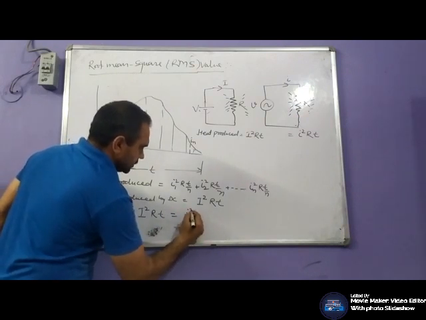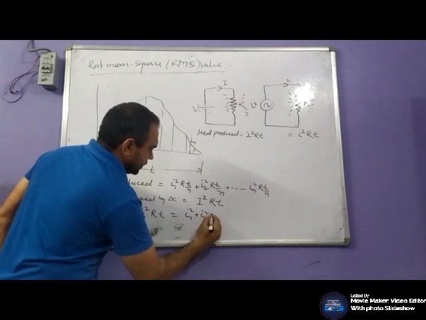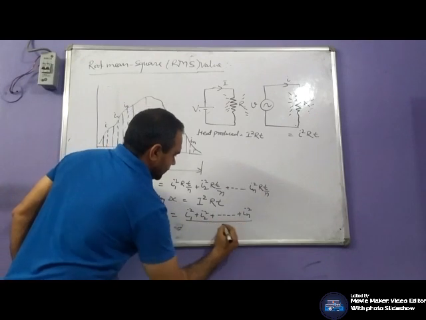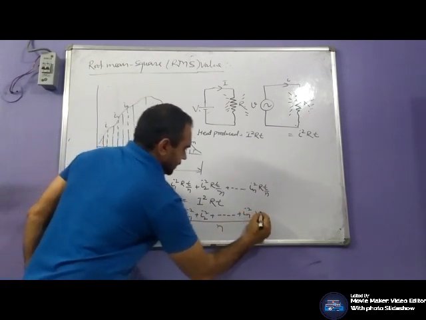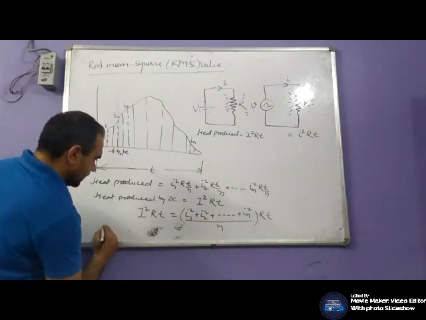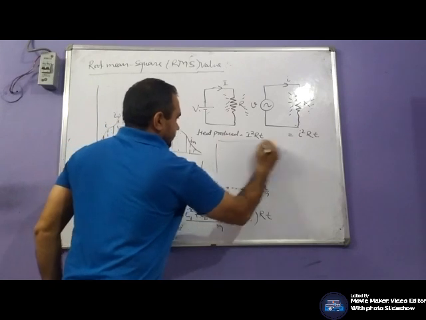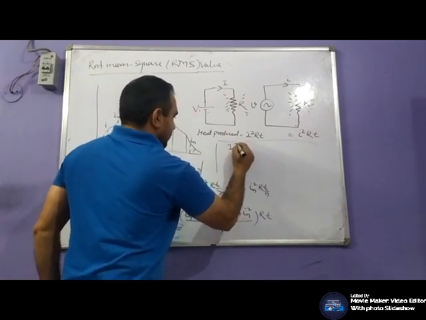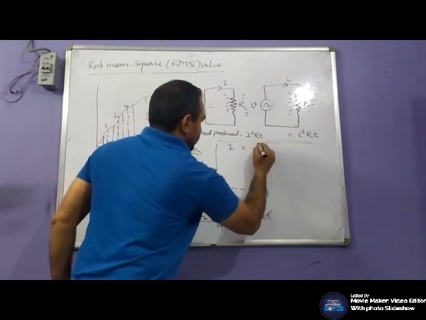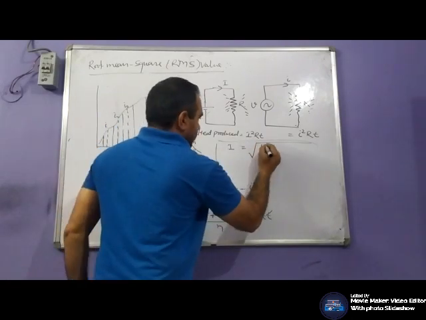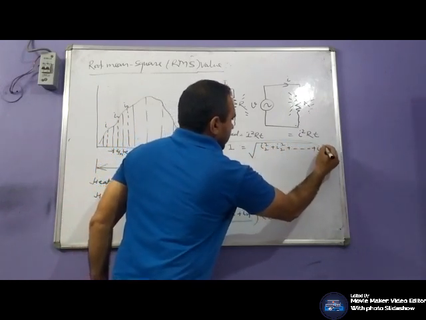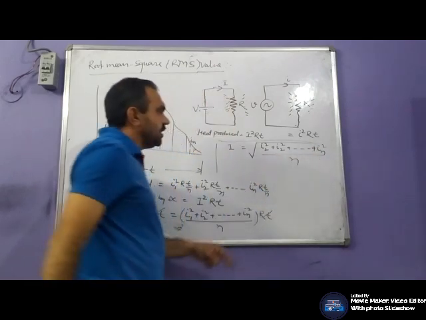I1 squared plus I2 squared up to In squared, divided by n, times RT, equals I squared RT. So I would be the square root of I1 squared plus up to In squared, divided by n.